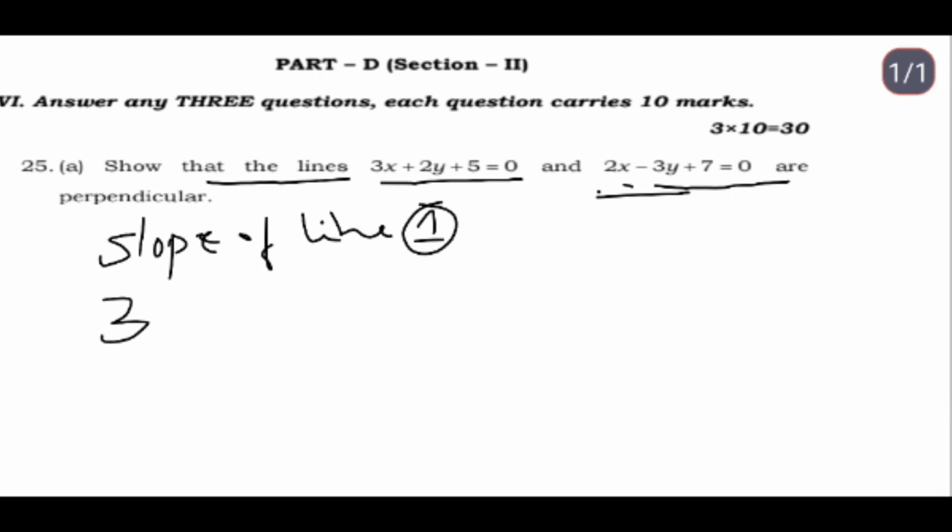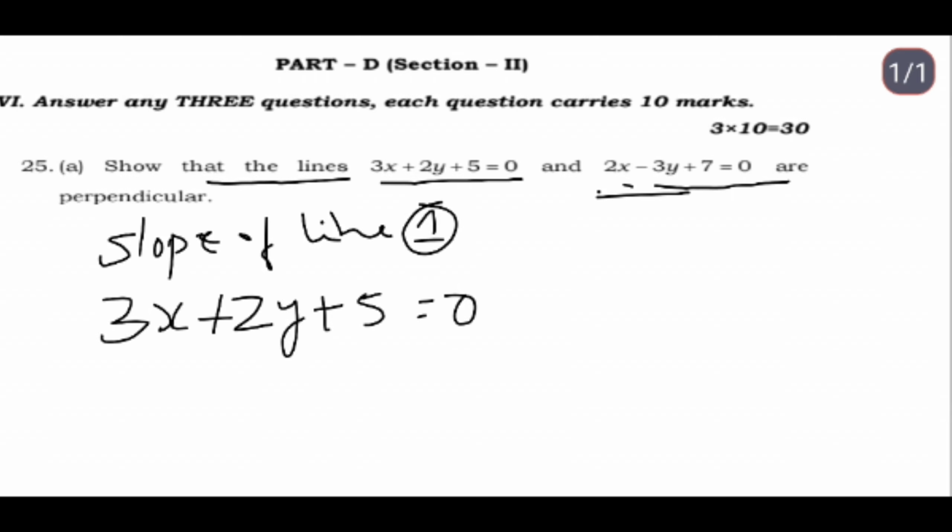So here you can write the slope of the line. First line, just write down the slope of the line. Let us consider line 1: 3x + 2y + 5 = 0.